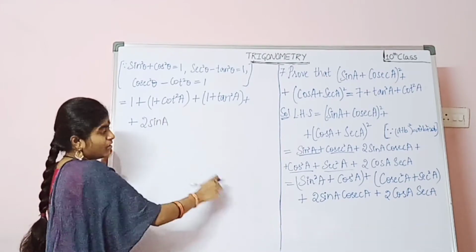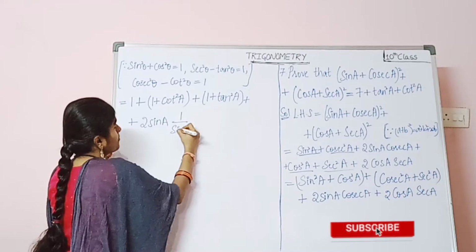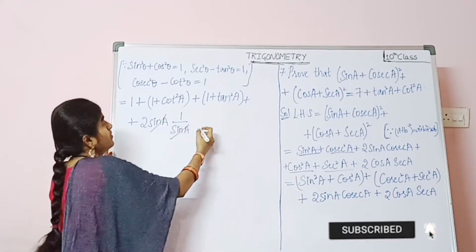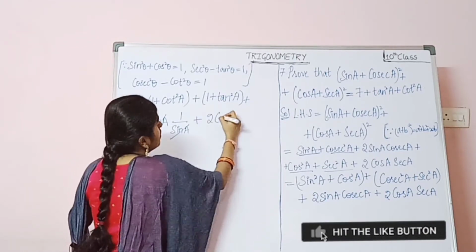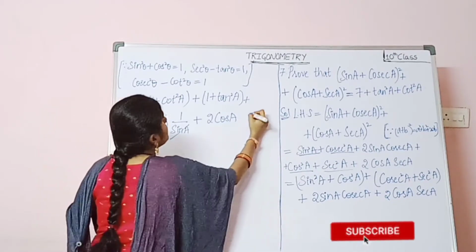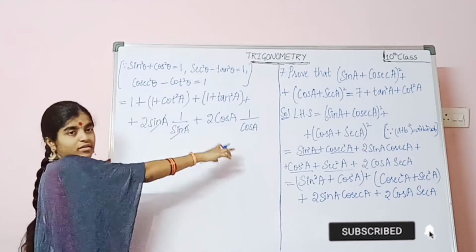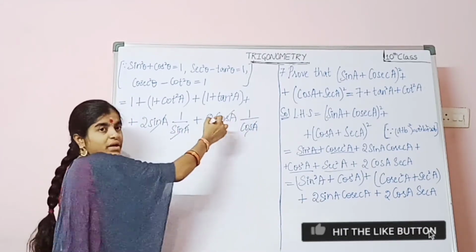plus 2 into sin A. Cosecant A can be written as 1 by sin A. Now both sin A's are cancelled. Plus 2 into cos A. Now secant A can be written as 1 by cos A. Now this cos A will be cancelled.